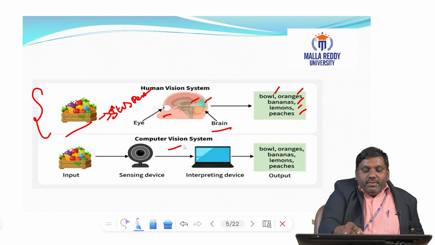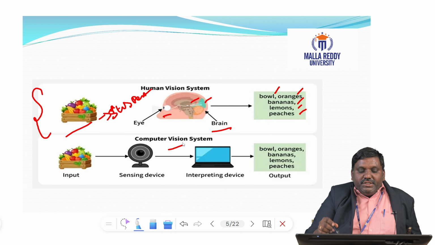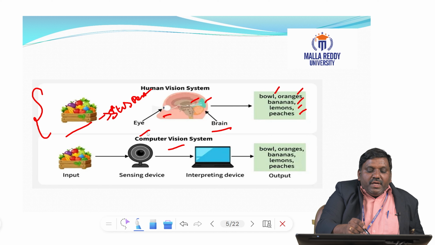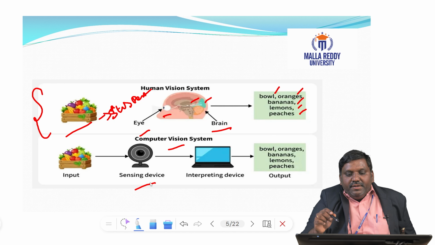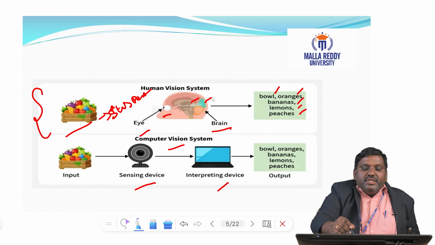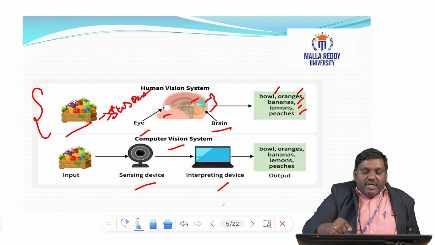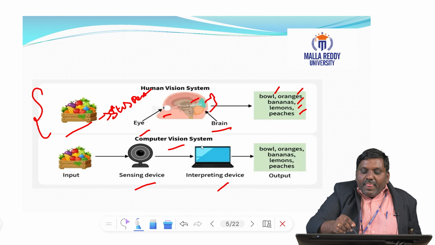Then if you come to the computer vision system, we replace the eye with a sensing device. The sensing device is known as a camera here. Then the interpreting device does the same job that our brain does.